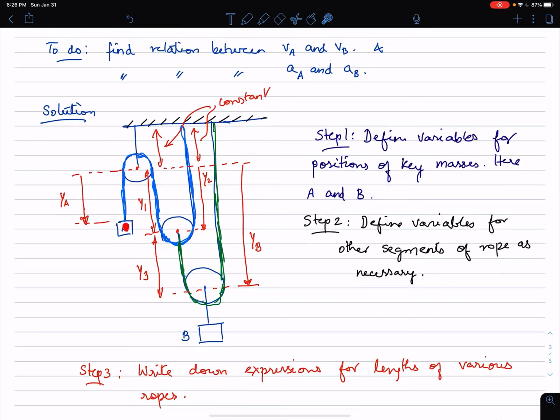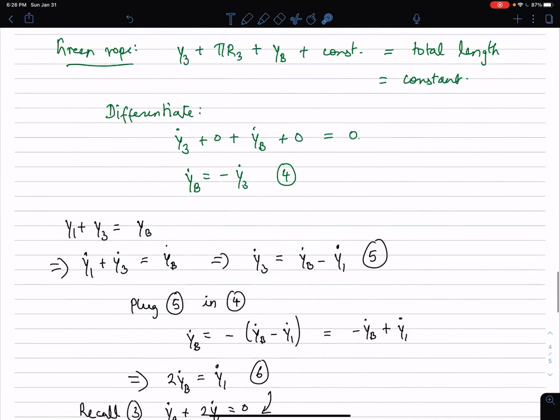So this mass is moving upward at 2 meters per second. If it is moving upward, what does it say about YA, which is defined to be downward? So YA dot is going to be negative 2 meters per second, because as the mass is moving upward, YA is going to be decreasing. So its rate of change of YA per unit time is going to be negative 2, right?